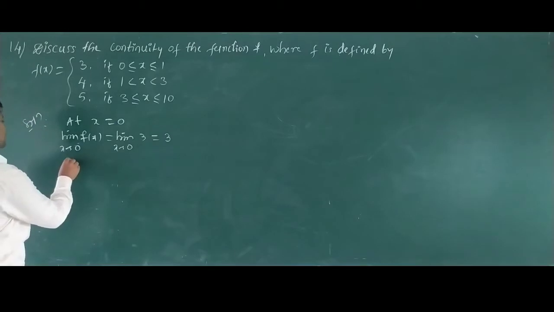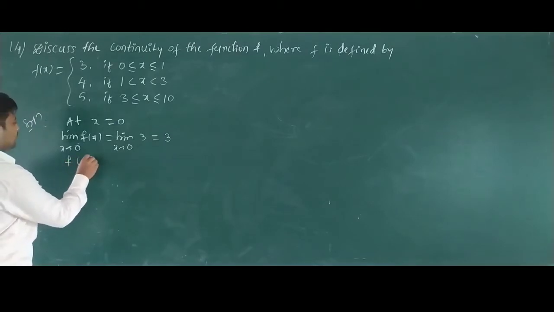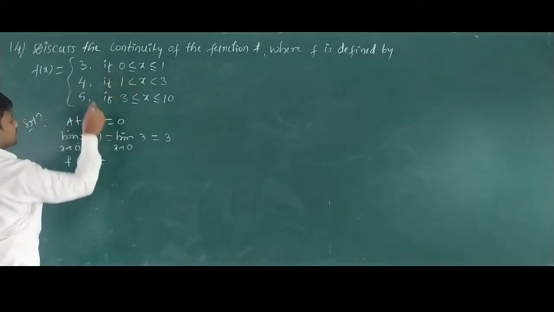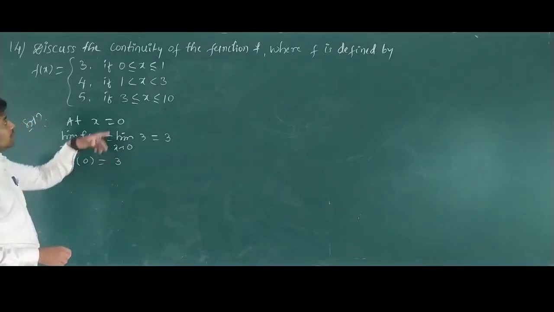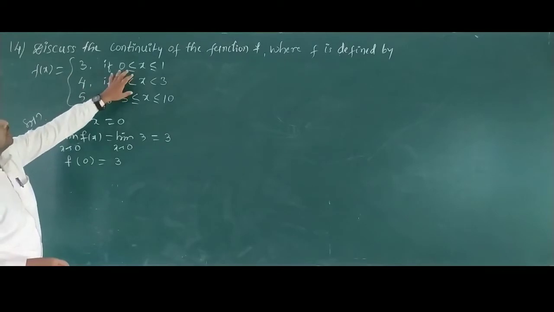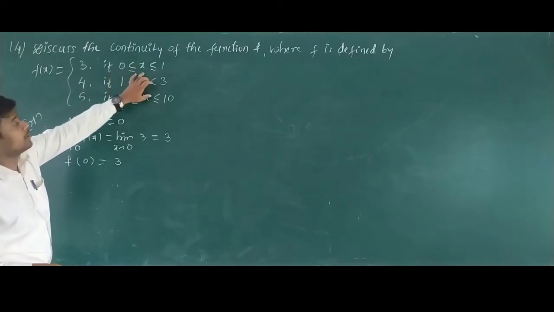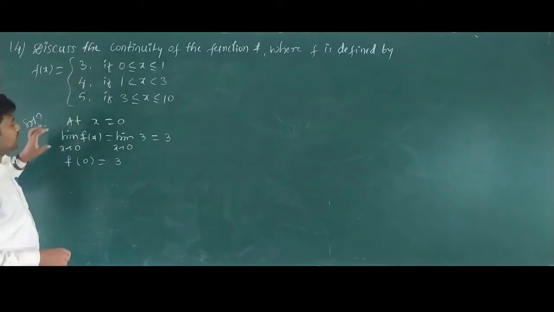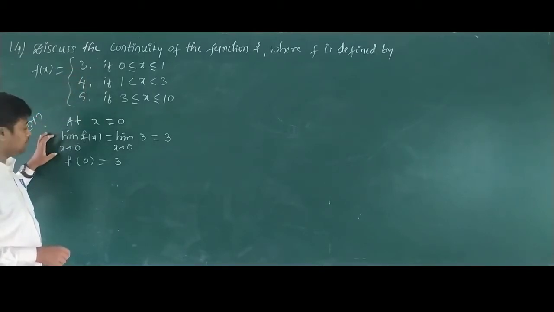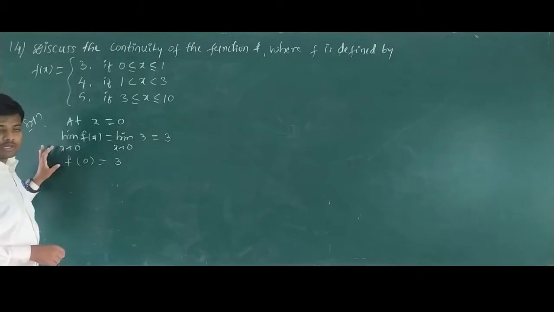Then what is the value of f of 0? It is 3. So limit of the function equals the value of the function. LHL is defined, RHL is defined. So by the definition, if the limit of the function equals the value of the function, the function is continuous.